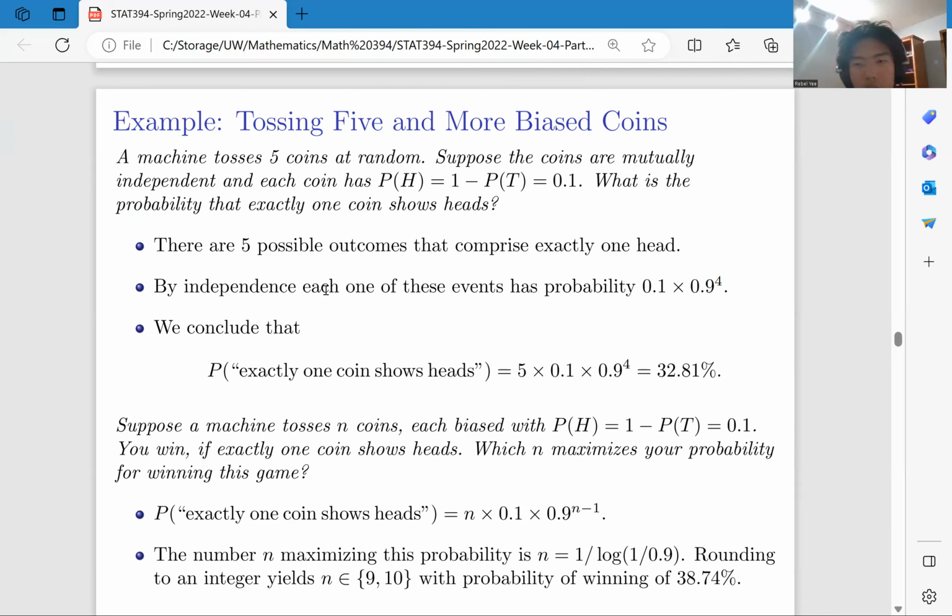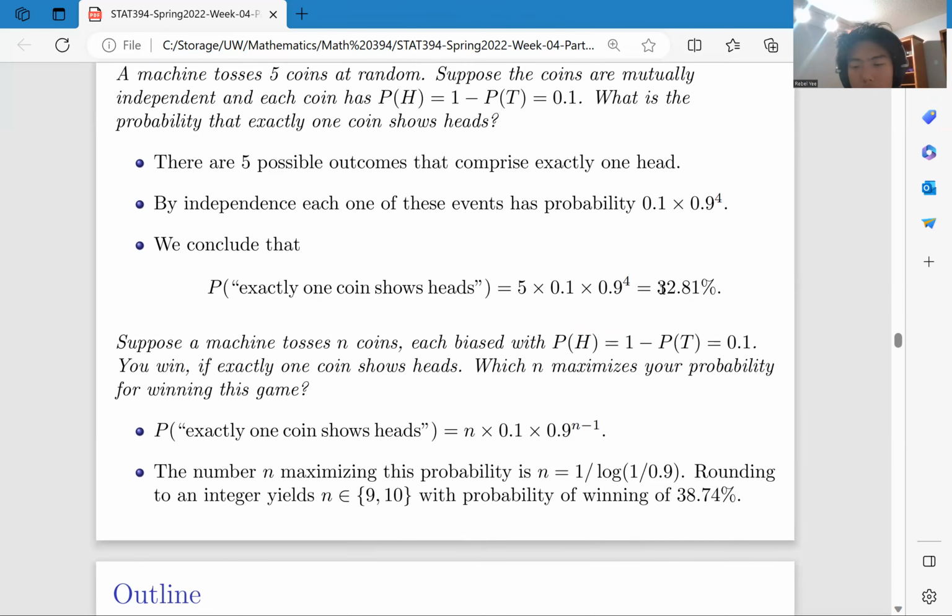So by independence, because all of the coins are mutually independent by the assumption of this question, each of these events has probability 0.1 times 0.9 to the power of 4, because there are 4 cases which show tail and 1 case which shows head. So the probability that exactly one coin shows heads is 0.1 times 0.9 to the power of 4, multiplied by 5 for the 5 possible outcomes. And this gives us roughly 32.81%.